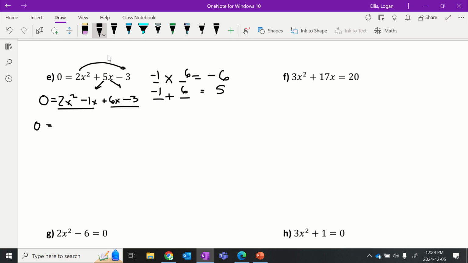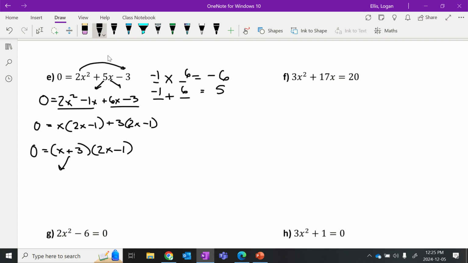So 0 equals, all I can take out here is an x. We get left with 2x minus 1, and a 3, and again 2x minus 1. As you divide 6 by 3, you get 2x, and minus 3 divided by 3, you get 1. So x plus 3 is here, and 2x minus 1 is here.